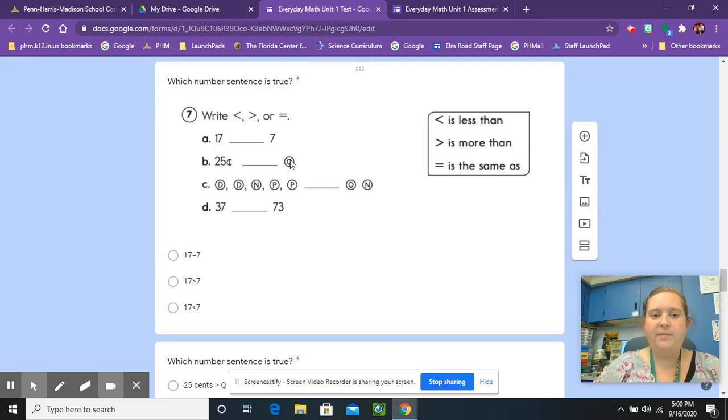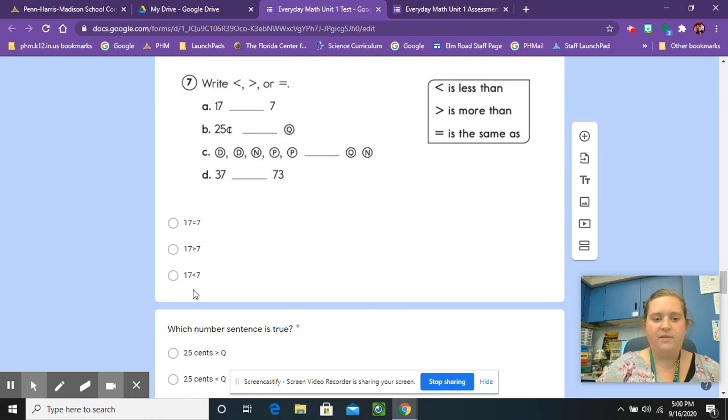And then at the end, you have a couple of pages that have more than one question. So if you look at number 7, here are all of the problems that you are going to be answering. And I wrote the question, which number sentence is true? So you're going to read all 3 of these number sentences. 17 is equal to 7, and you decide, is that true or not true? 17 is greater than 7, true or not true? 17 is less than 7, true or not true?